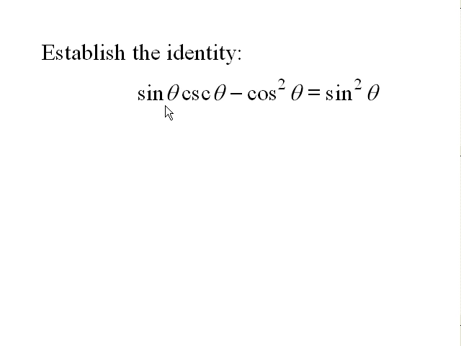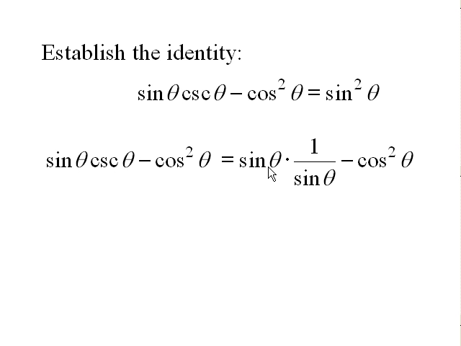One thing to observe is that the reciprocal identities let you replace sine theta times cosecant theta by sine theta times 1 over sine theta. Reciprocal of cosecant is sine. Now algebraically this factor of sine cancels, and that makes this equation match 1 minus cosine squared theta.